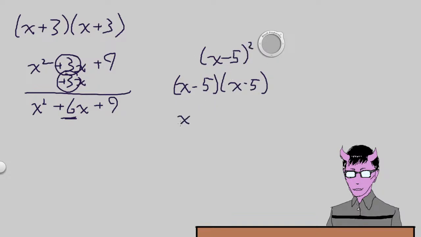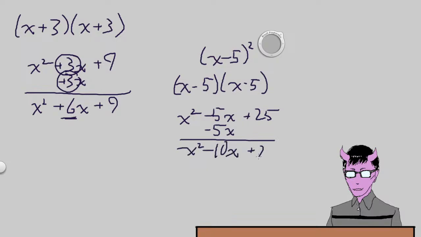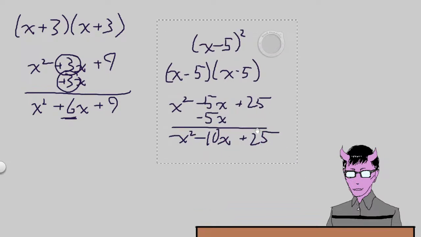We get the x squared there, we get the negative 5x, we get another negative 5x, and then lastly, is this a coincidence that they're the same? No, because these are the same. So summate those, you get negative 10x. Alright, set that aside.